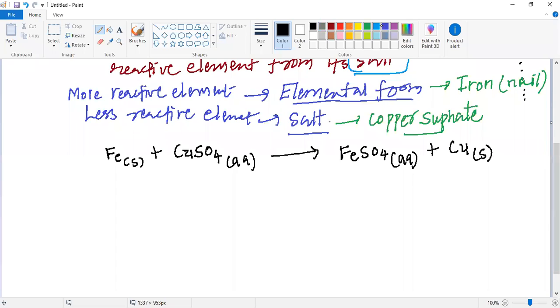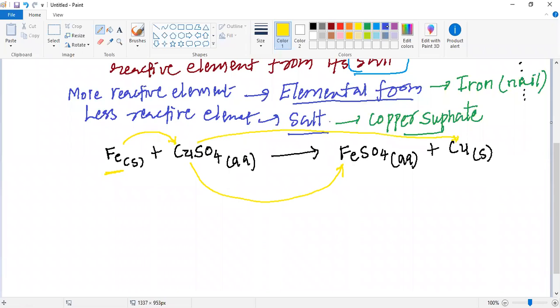Now, my dear students, you can easily see that this Fe has come and displaced copper, and it has itself combined with sulphate, and the copper has been removed from the salt and is present here.